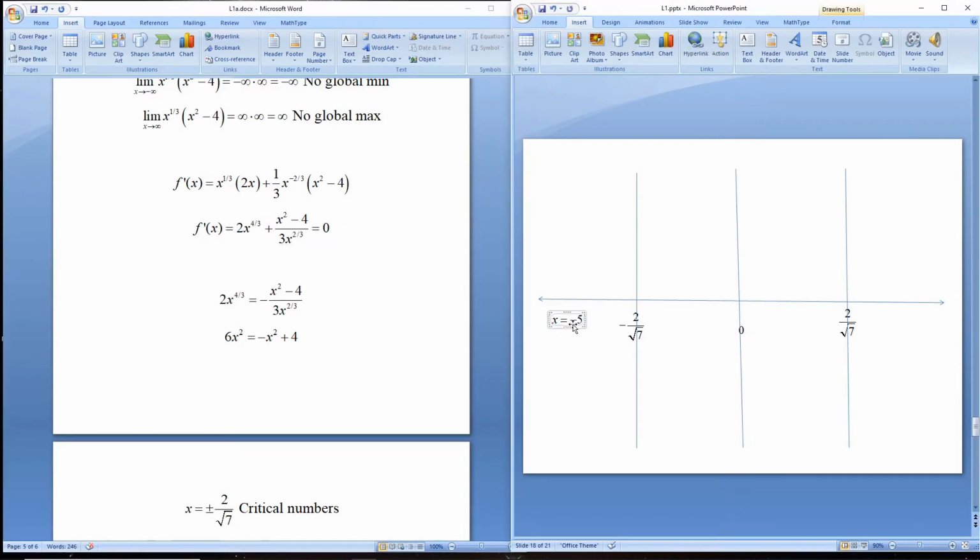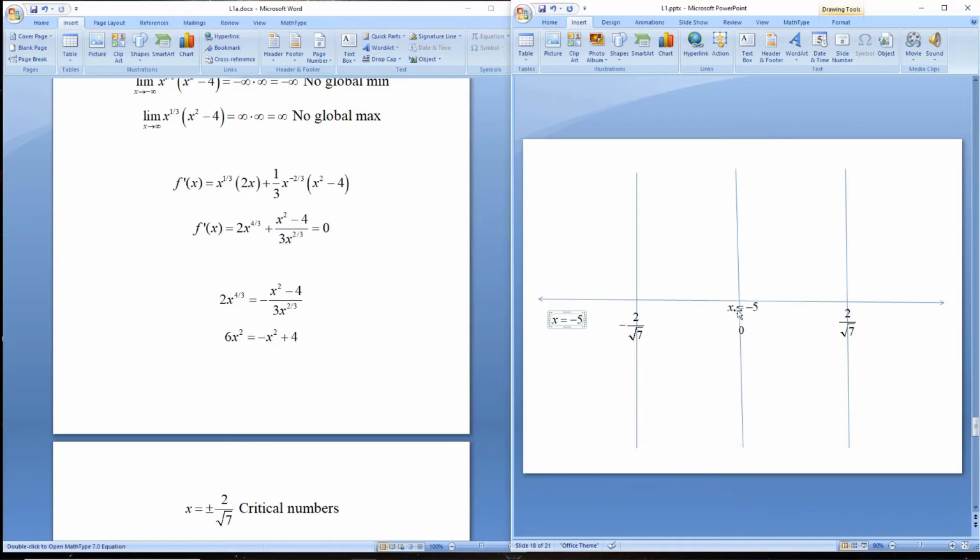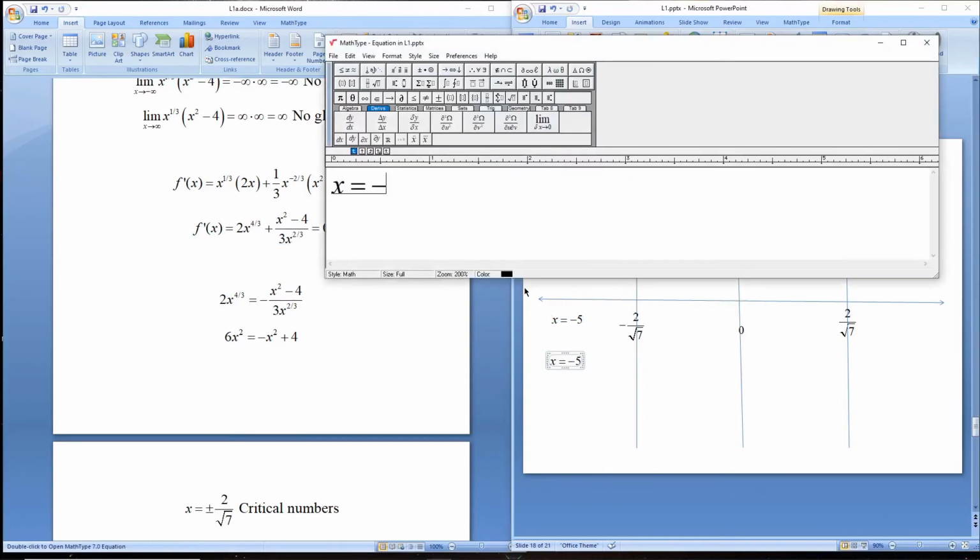So again, we're going to plug minus 5 into the derivative. And when you do that, you will get approximately 19.5.